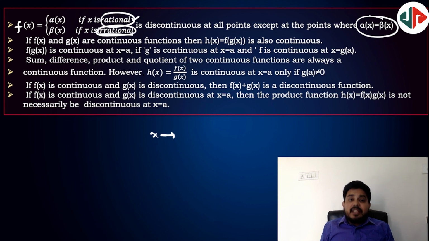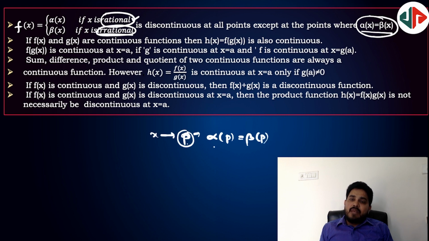Between two irrational values, there are many rational values. So where both are equal, x tending to some p, what happens? If p is rational, this is equal to alpha of p. But immediately you'll get irrational numbers, so beta of p.